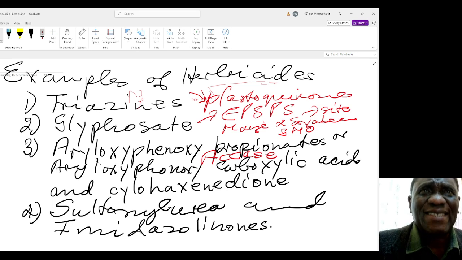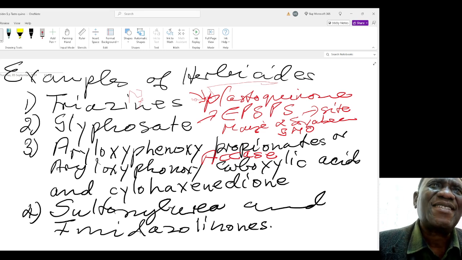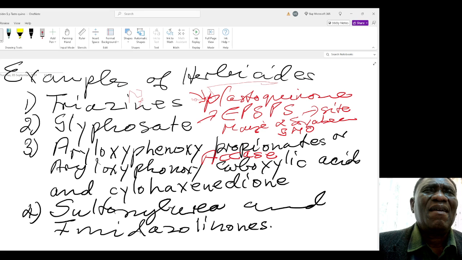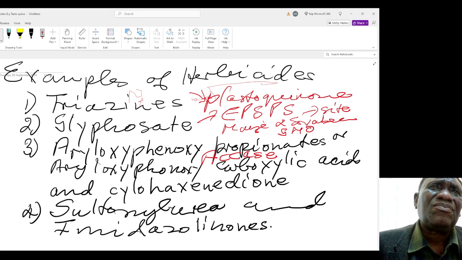But in grasses, this is where it can happen, and this group of herbicides can selectively kill grasses in groundnuts as well as soybeans, because of their ability to combine with the enzymes.